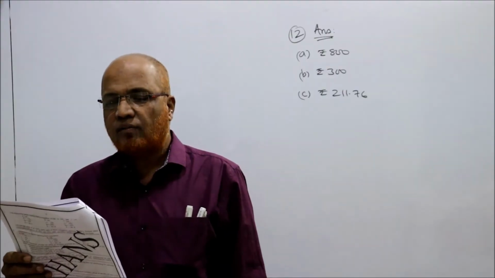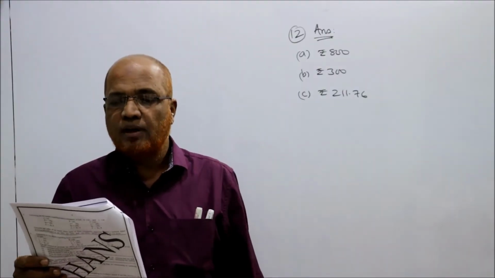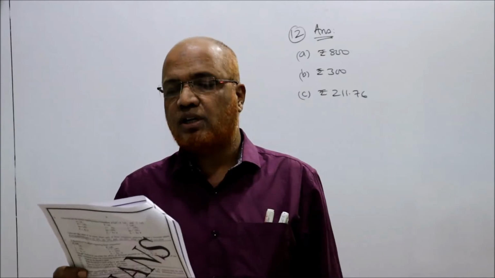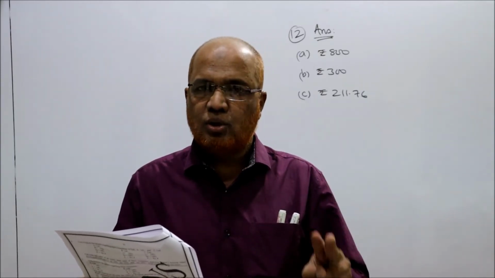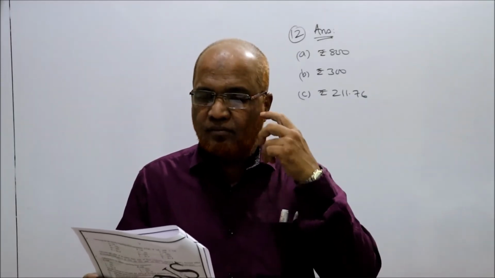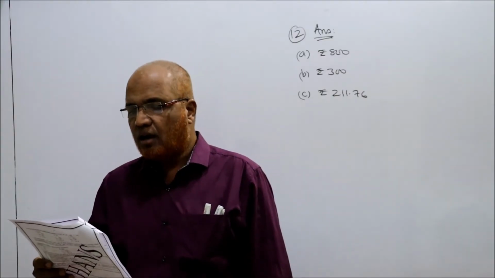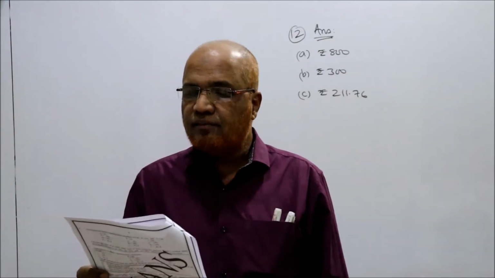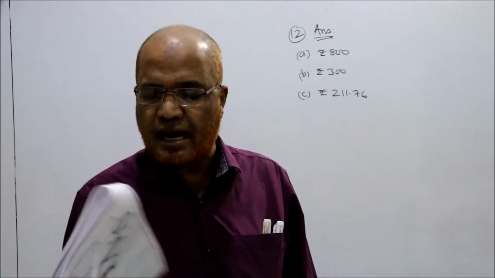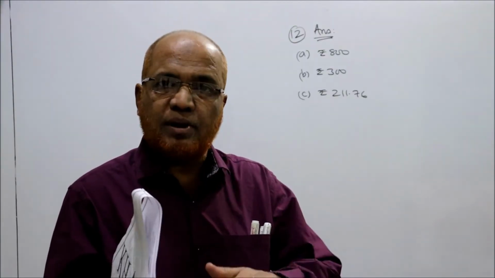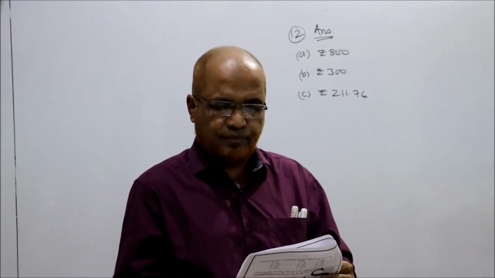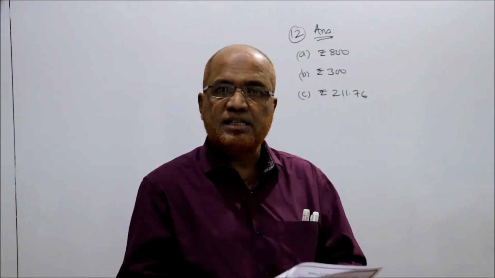What is the market value of the share under Walter's model if the retention rate is 40% and 80%? The two cases are given. Then what is the market value of the share under Gordon's model if the retention rate is 40% and 60%? So separately we have to calculate for A Limited, B Limited and C Limited.